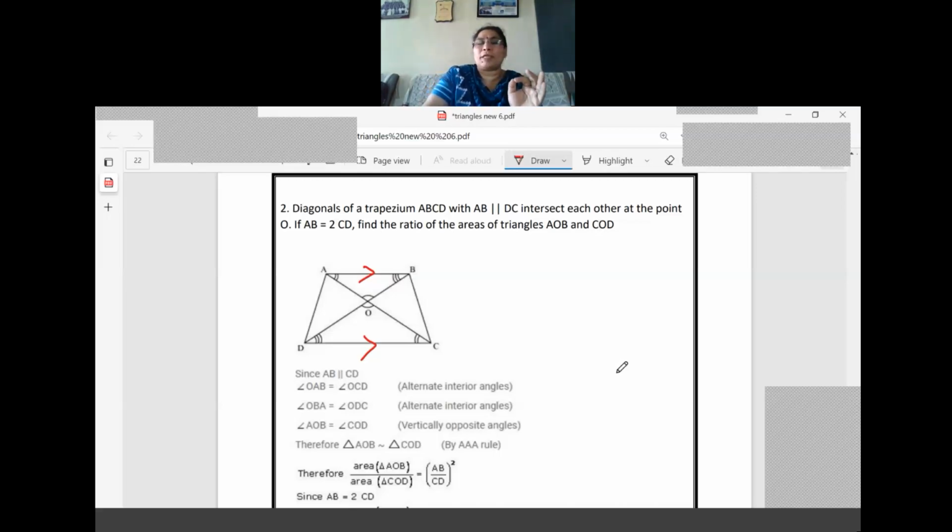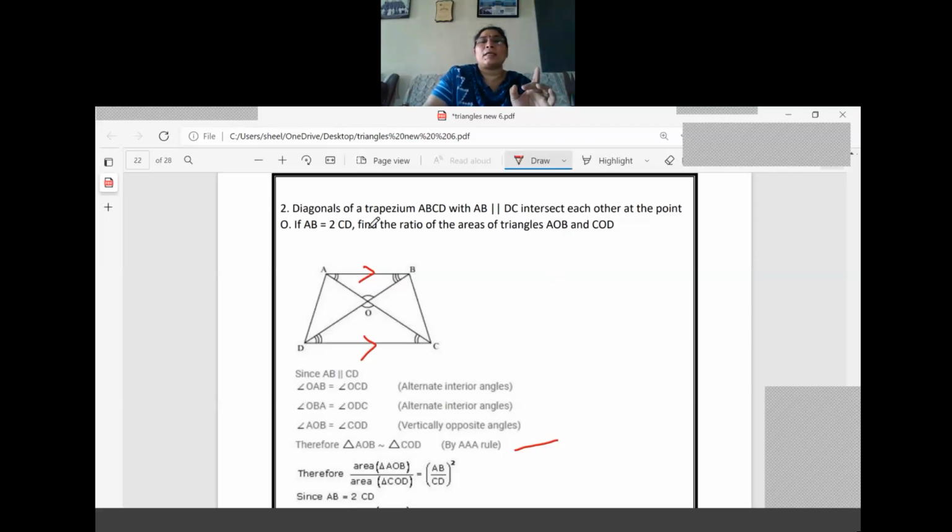Here you must be very clear that the triangles are not given as similar. Understood? So first you should check whether they are similar or not. That is the first point we have to do in such questions. To find the ratio of the areas of the triangles, we should prove that the triangles are similar.